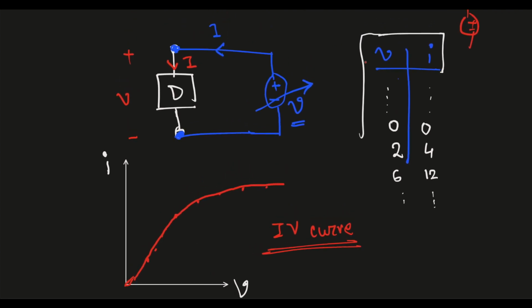Note that this table and this graph, they both contain the exact same information. This is just in a tabular form and this is in a graphical form. So this is the IV relation of a device, how the current changes with the voltage.